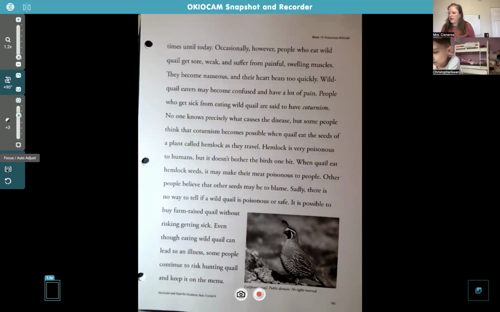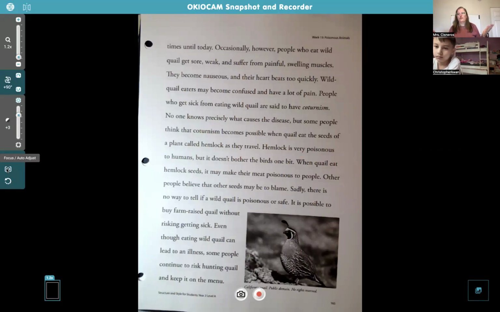Other people believe that other seeds may be to blame. Sadly, there is no way to tell if a wild quail is poisonous or safe. It is possible to buy farm-raised quail without risking getting sick. Even though eating wild quail can lead to an illness, some people continue to risk hunting quail and keeping it on the menu.